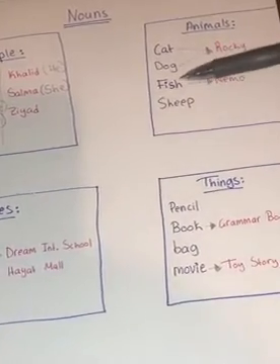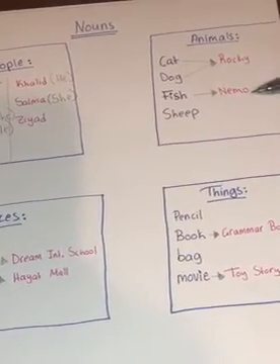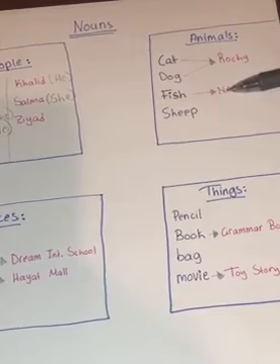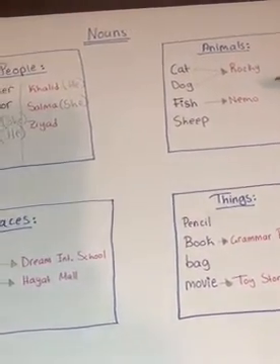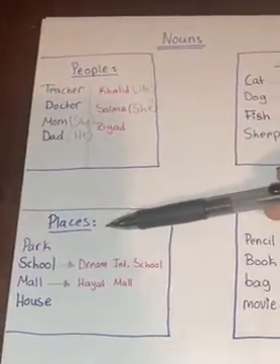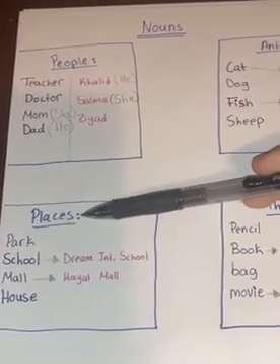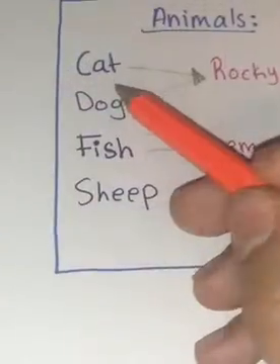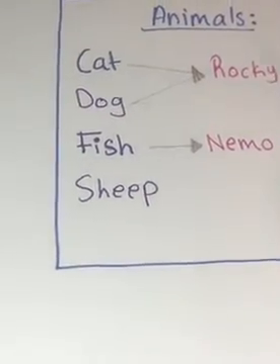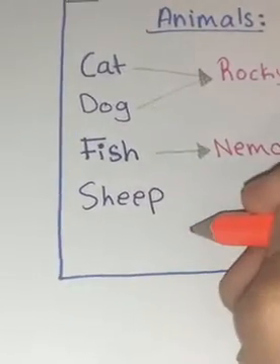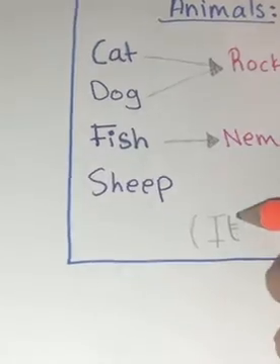Nemo here is a proper noun, and Rocky and Nemo should always start with capital letters. Now, if we talk about one cat, one dog, one fish, or one sheep, we use the pronoun it. Okay? We use the pronoun it.